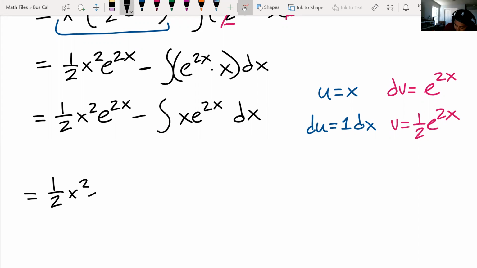This leading term stays the same. And now minus, now put a bracket here because we have to do the formula all over again. It's going to be u times v.